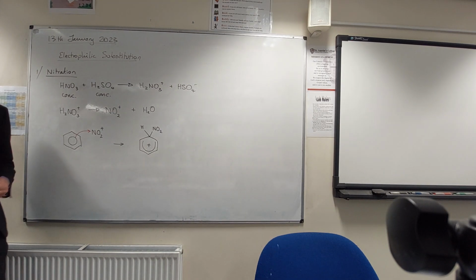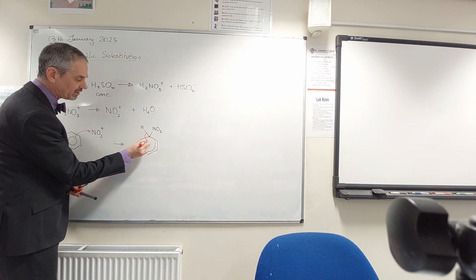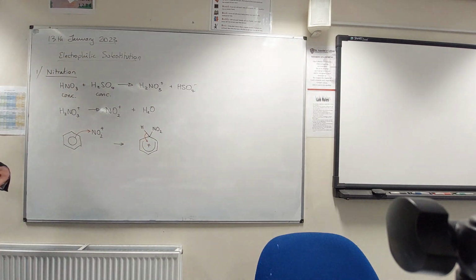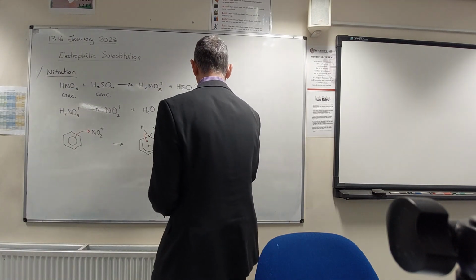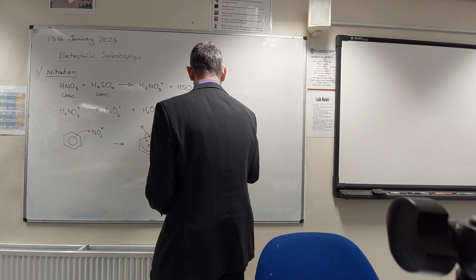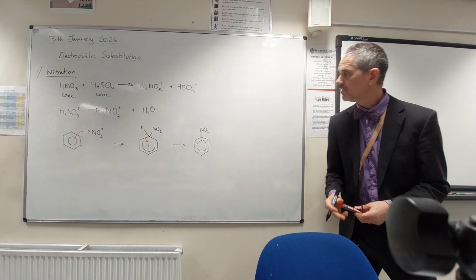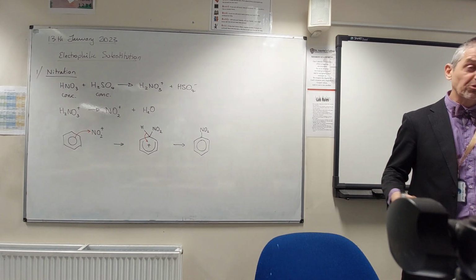And then our final step is we take electrons away from the carbon-hydrogen bond here, return those to the ring, and we've made our ring again, but now we've got a substituted position with the NO2, the nitro group, so we've made nitrobenzene.